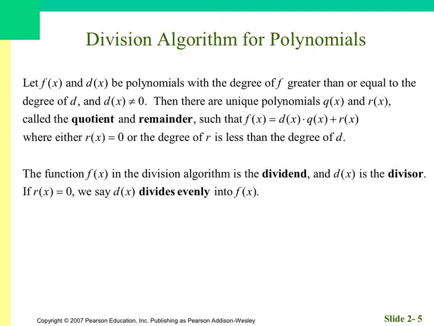The function f of x in the division algorithm is the dividend, and d of x is the divisor. If r of x equals 0, we say d of x divides evenly into f of x, meaning there's no remainder. Okay?